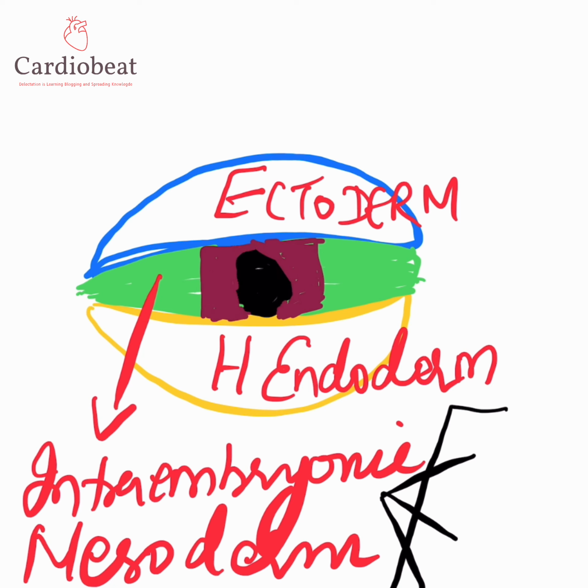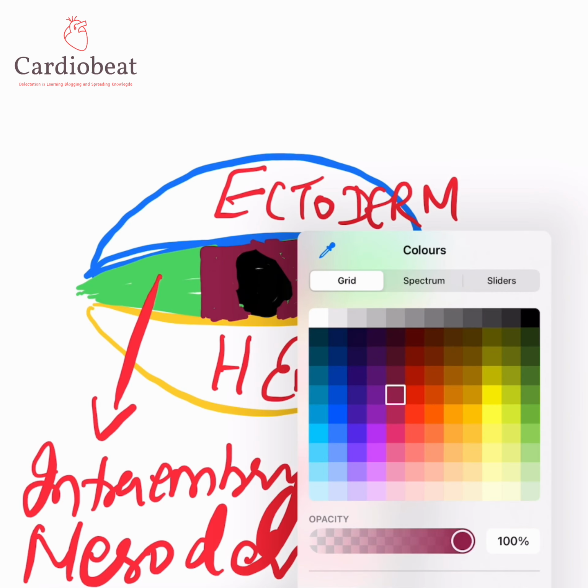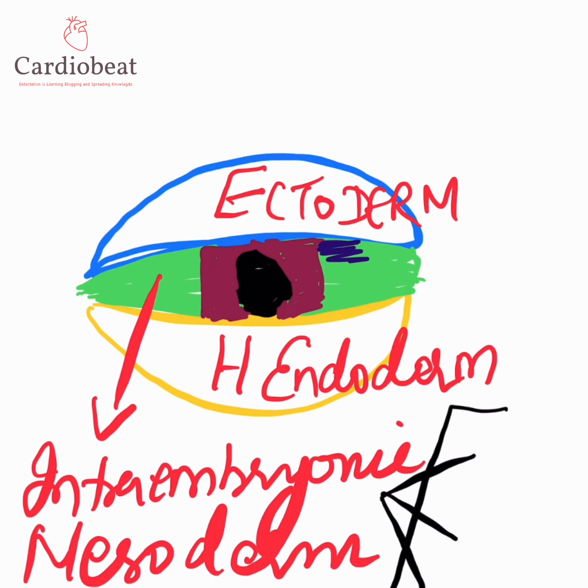And then we have a middle part of the intraembryonic mesoderm. Let me take another color. So this is the middle part of the mesoderm, and then the extreme lateral part. So the intraembryonic mesoderm itself is divided into the medial part, middle part, and the lateral part.